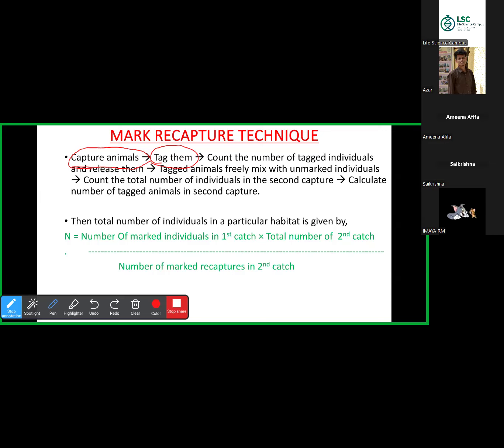After releasing, these tagged animals will freely mix with unmarked individuals. Then count the total number of individuals in the second capture. So after first capture, we will go for second capture. Then calculate the number of tagged animals in second capture.